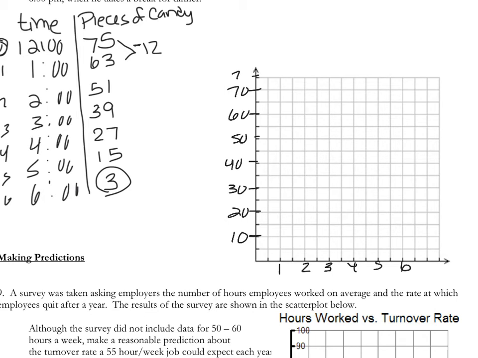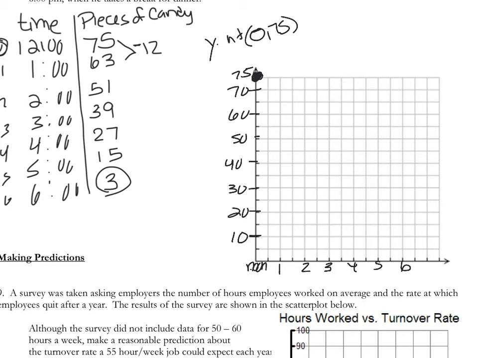Oh, that's 75. Comes out perfect. Okay. Alright, so at noon, at 0, he had 75 pieces of candy right here. That's also our y-intercept, isn't it? He had 0, 75.